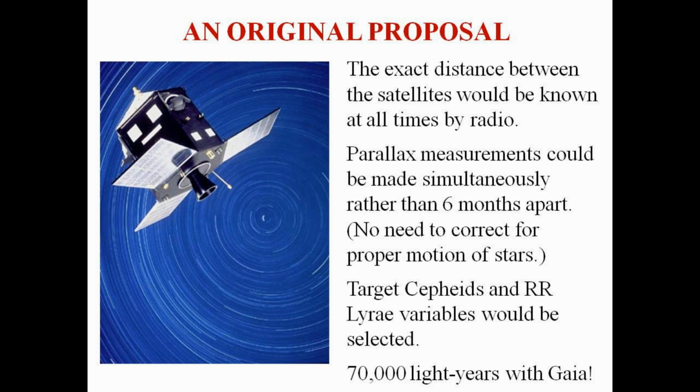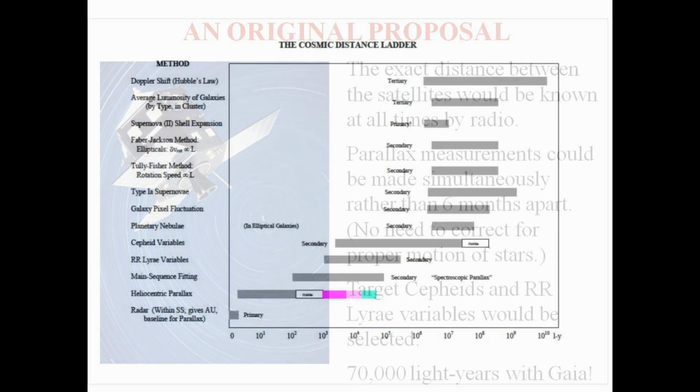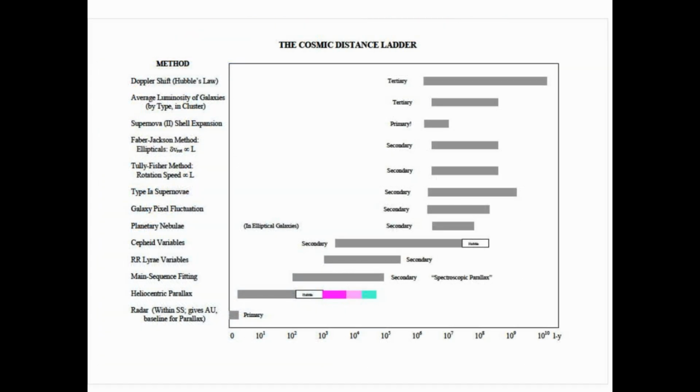And it could measure anything that way, but I would suggest the certain Cepheids and RR Lyrae variables would be the ones selected, because those are the ones we need to calibrate to measure distances to other galaxies. And if we took the 5 times limit on that, that would be 70,000 light years from this baseline with the Gaia type probe. So back to the diagram again.